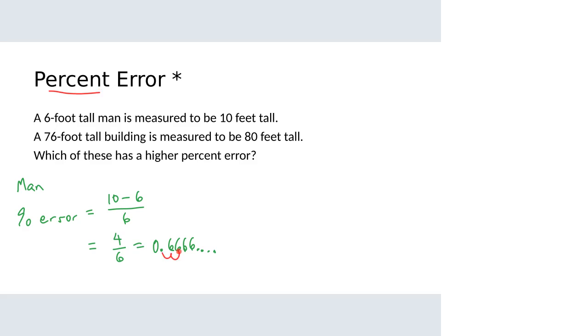So we'll move our decimal place just 2 places over and see that this is 66 point, we'll go to the hundredths place, 67%. So the percent error for the man is 66.67%. What I want you to do is find the percent error for the measurement of the building and then answer the question, which has a higher percent error?